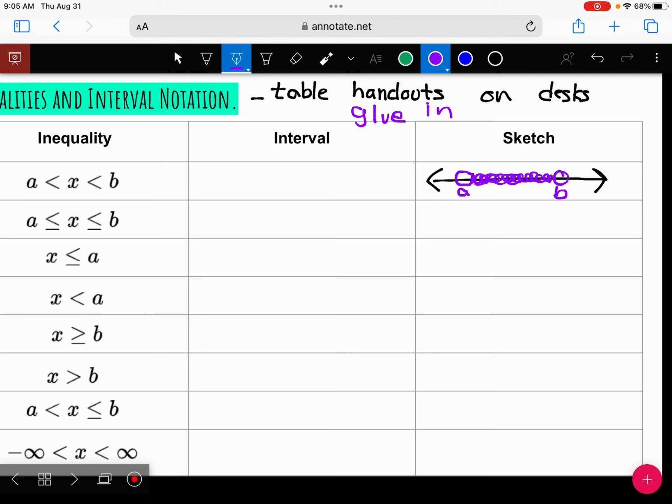Putting it in interval notation, the smallest our answer can be is A. The biggest our answer can be is B. Since it's not included, we use parentheses on both of them. This is the parentheses versus bracket situation, okay? Right, like it's way back on the deep shelves. We're pulling it forward, blowing the dust off, getting it reorganized before we try and use it.